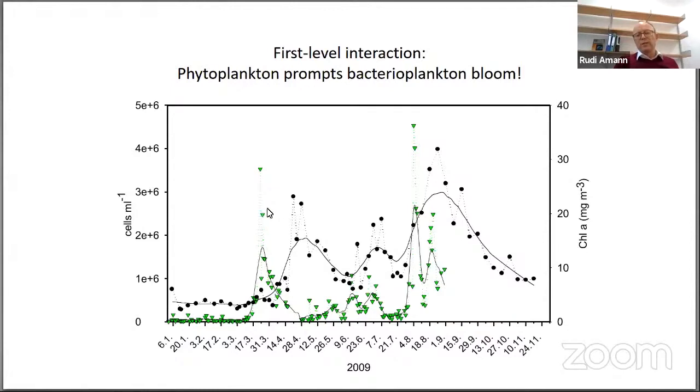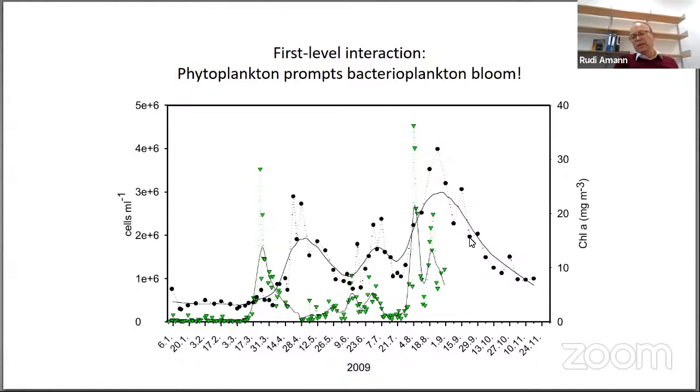And you see this typical offset in terms of 2 to 4 weeks. It's in this particular case, end of March for the phytoplankton bloom, and then something like end of April for the dominant bacterioplankton. That's the situation where we do the investigation. That's our window.